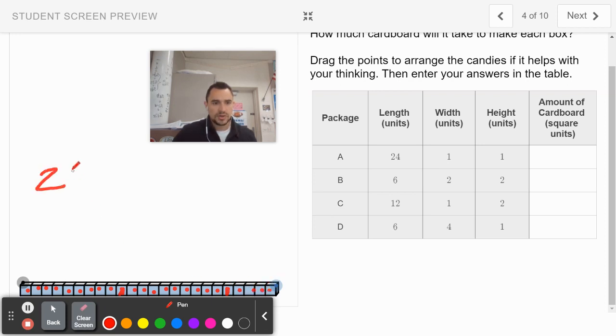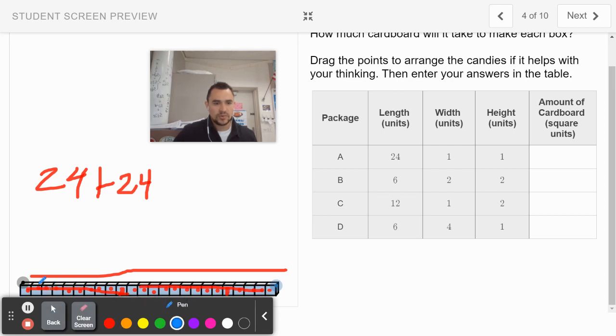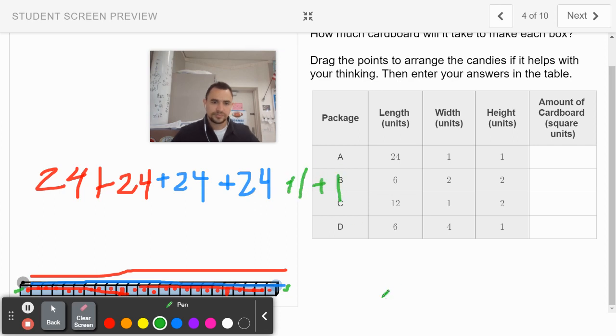So that means there's 24 on the front side here, and then there's another 24 on the back side. And then we have 24 on the top, and 24 on the bottom. And then we have 1 here and 1 here. So that's plus 1, plus 1.